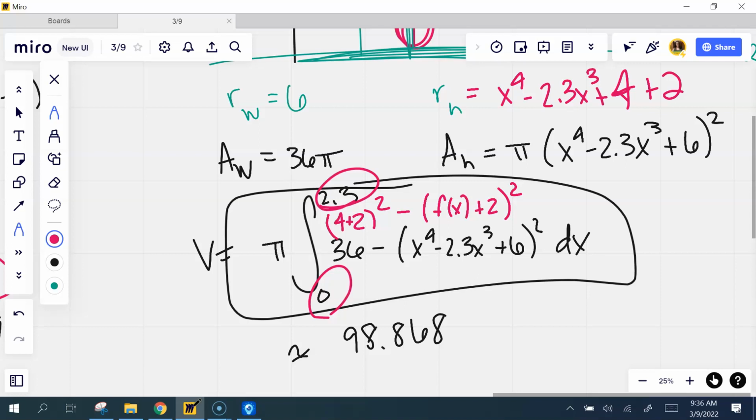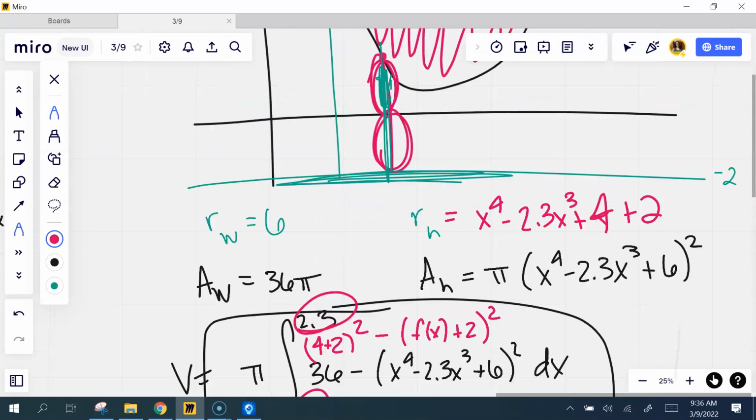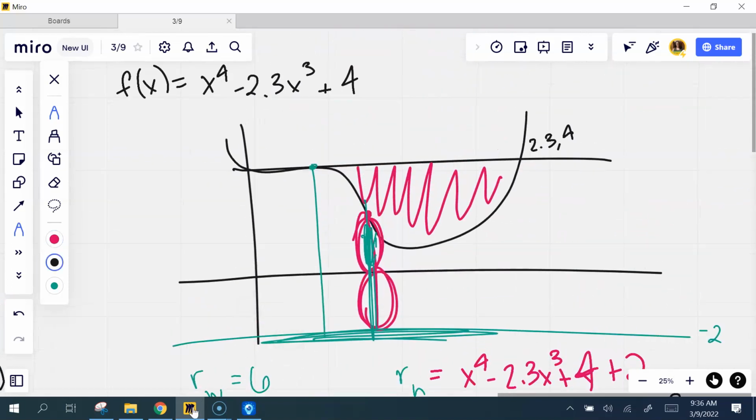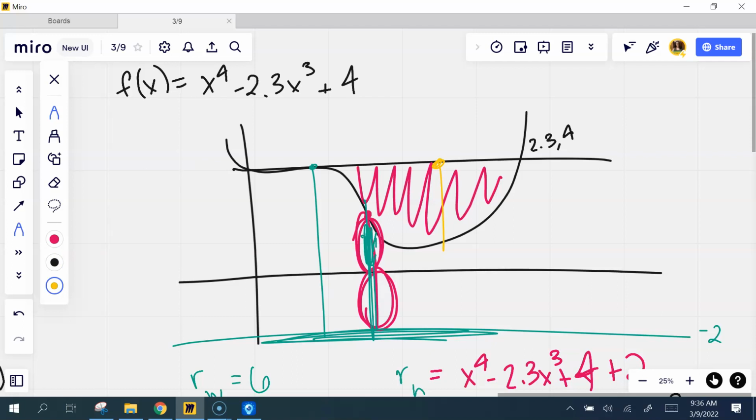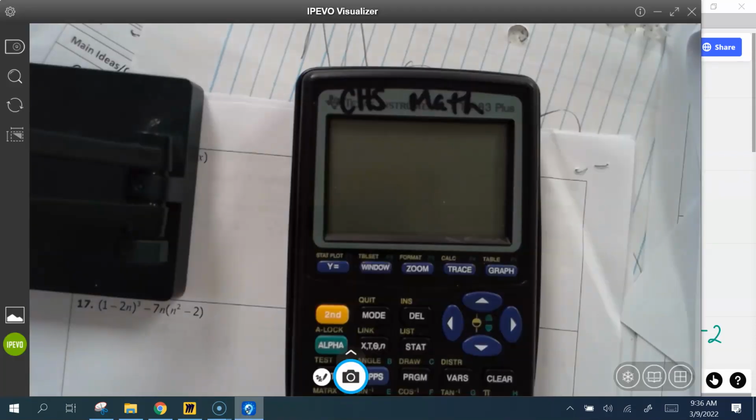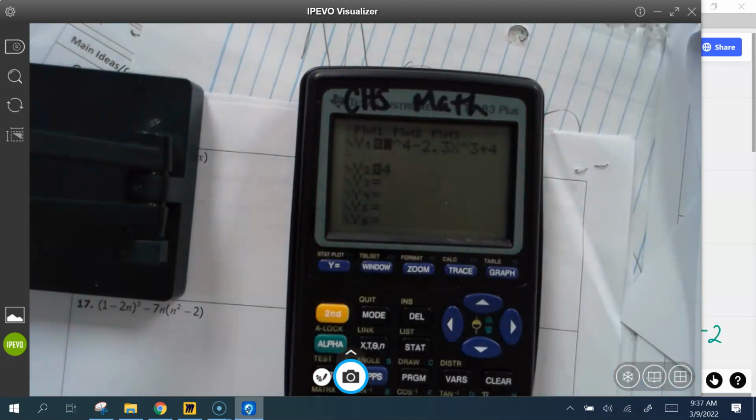Part B says region R is the base of a solid. Cross sections perpendicular to the x-axis are isosceles right triangles with a leg in the base. So I can't even put this in the calculator. Okay, let me show you. Is this the right equation?